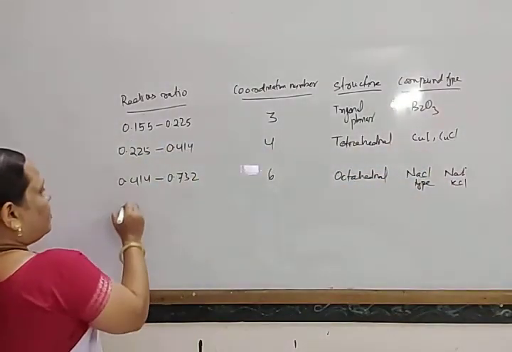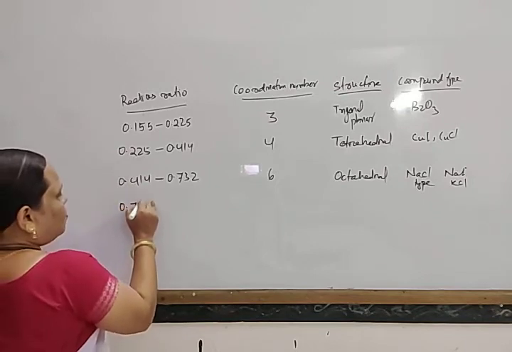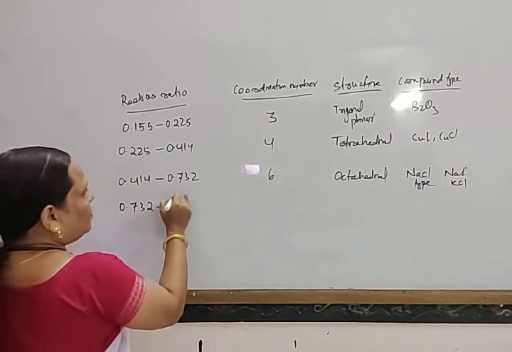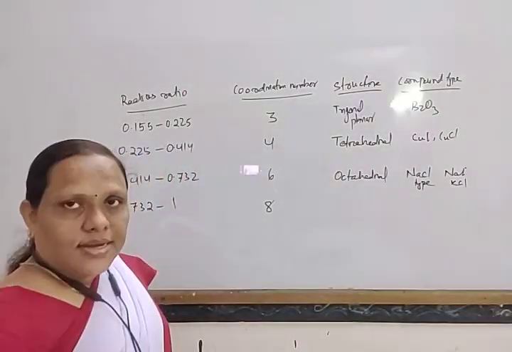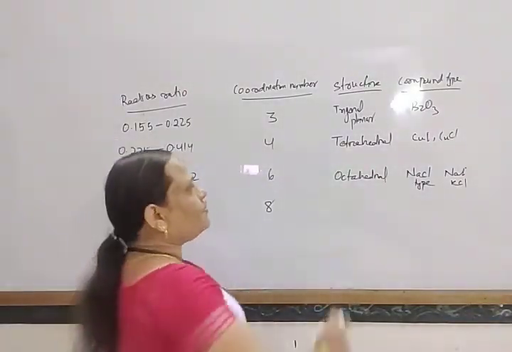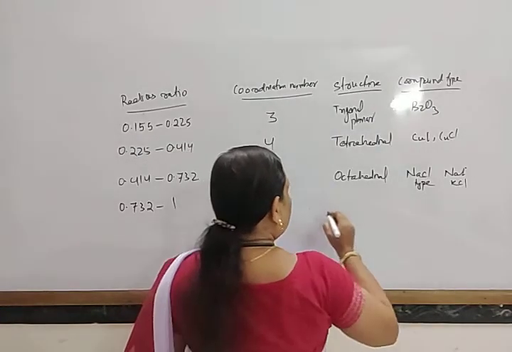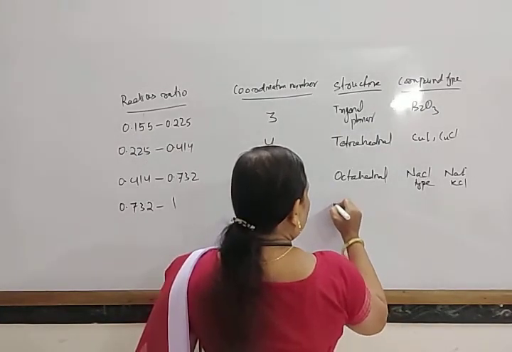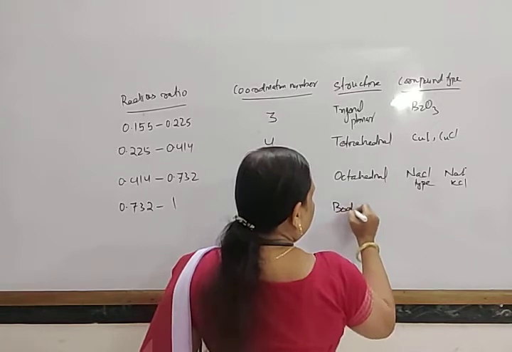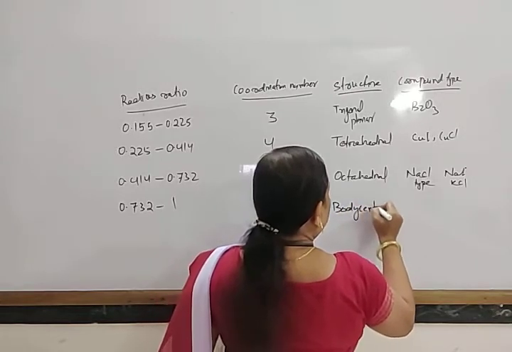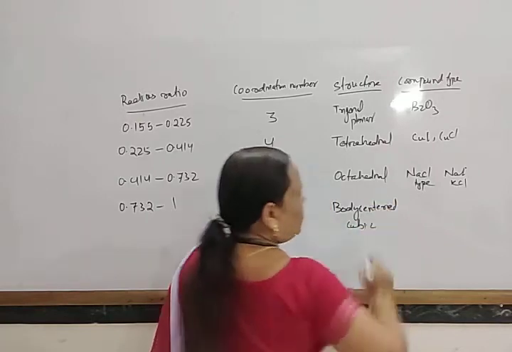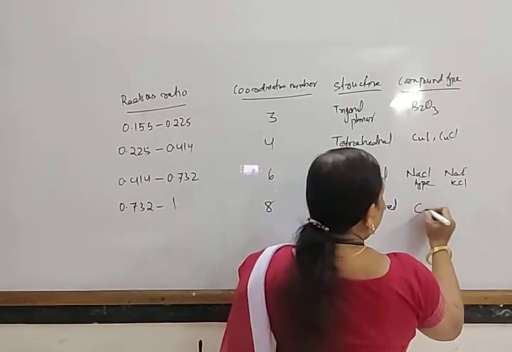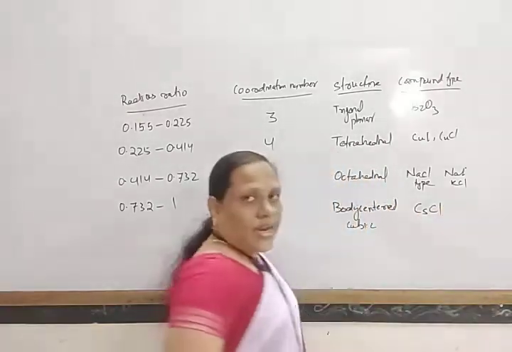And if the radius ratio is between 0.732 to 1, then the coordination number is 8. It generally has a body centered cubic structure, and the compound types are cesium chloride type.